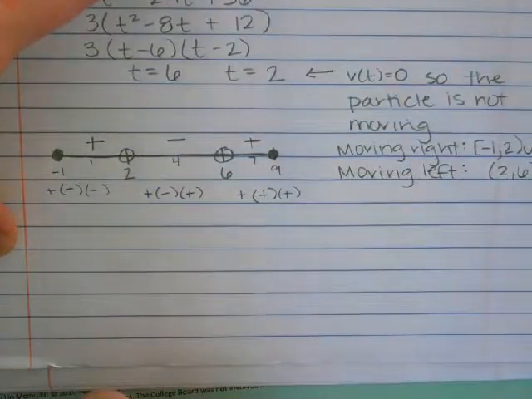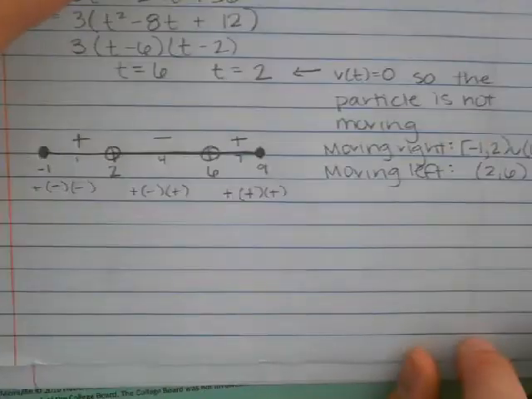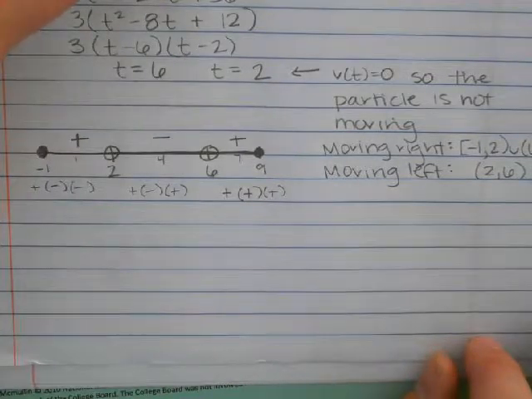Any other questions? Yes. Will they ever ask you to put your answer based off of, if they wanted you to find something with acceleration, you would do the exact same thing? Yeah, we're about to do the acceleration.